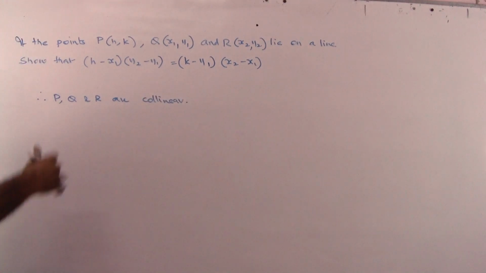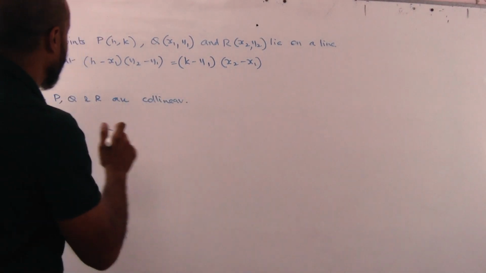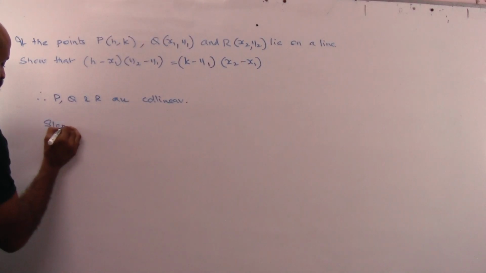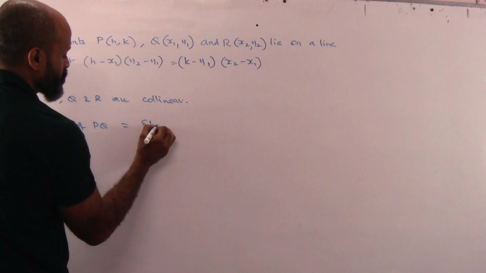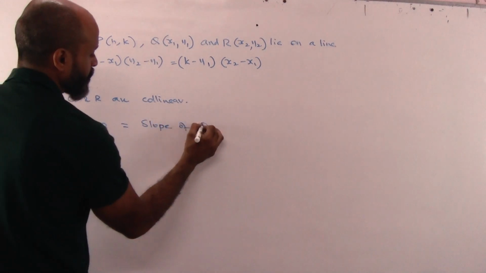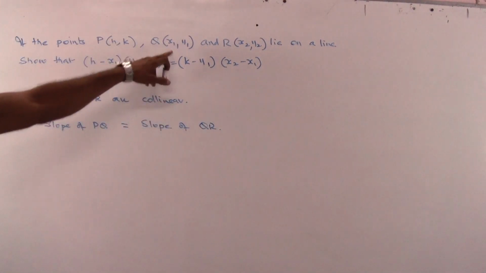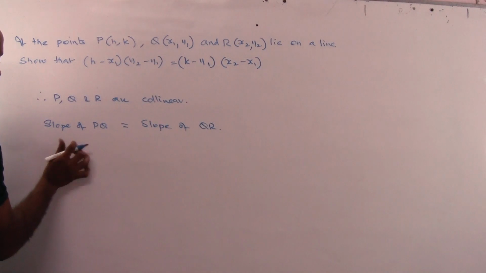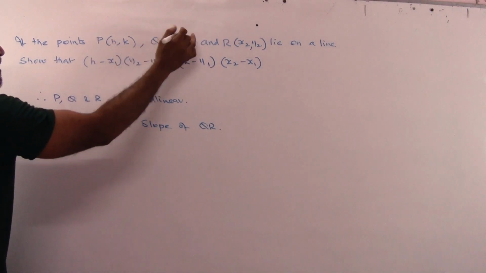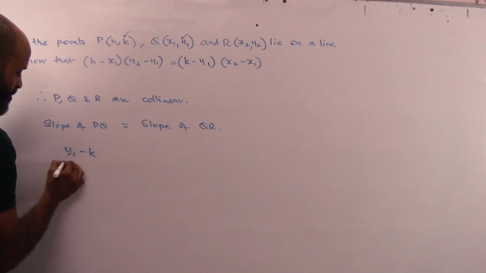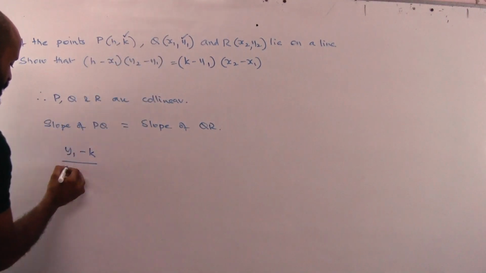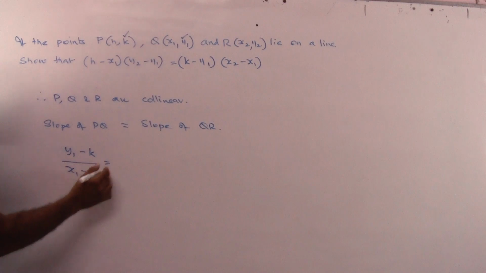Now collinear means that they will all be in a straight line. So we can say that slope of PQ should be equal to slope of QR. The slope of PQ, that means y1 minus k upon x1 minus h.